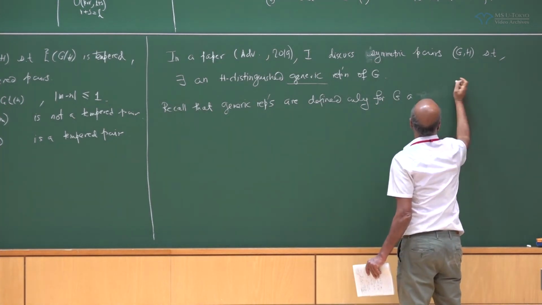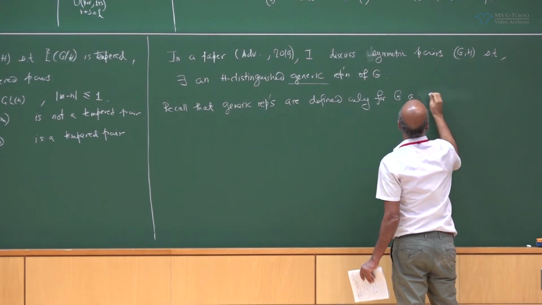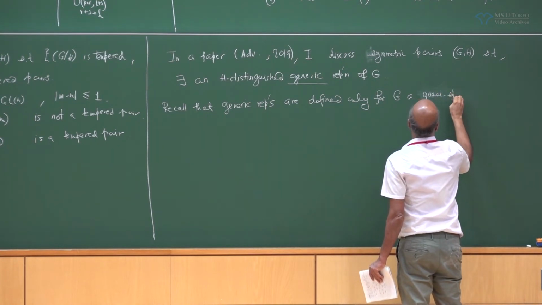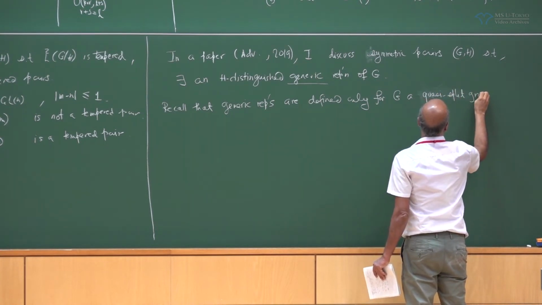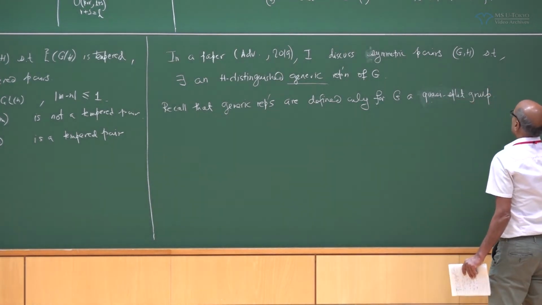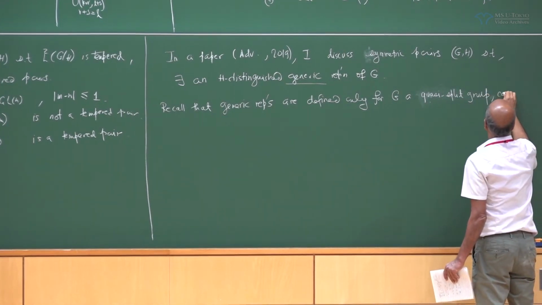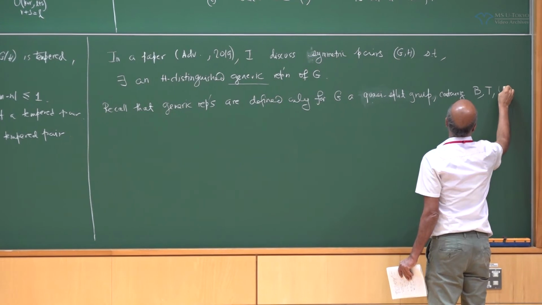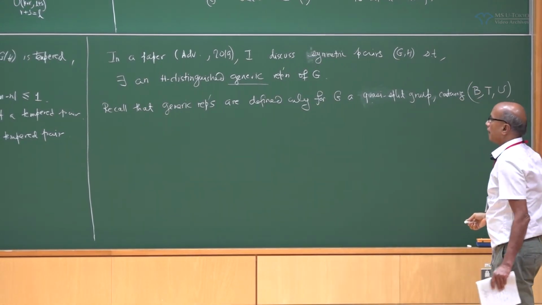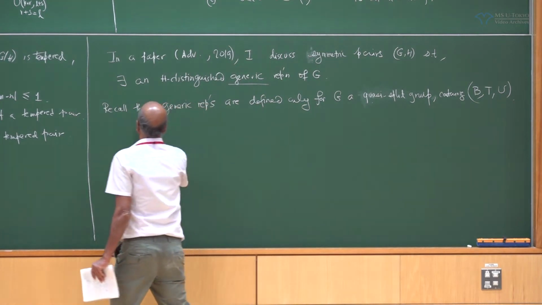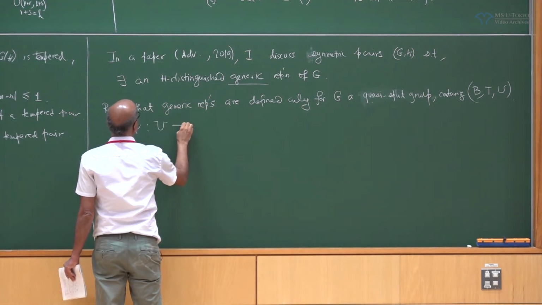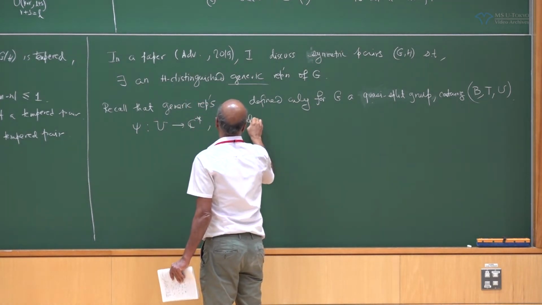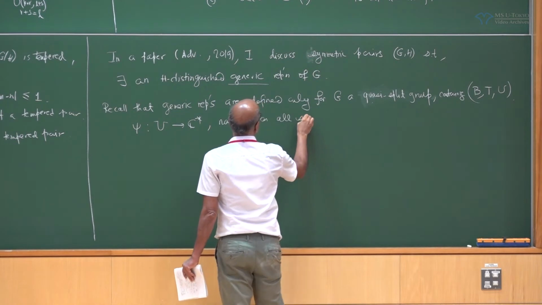And containing a Borel subgroup B, containing B and a torus and a U. And one fixes a character psi from U to C star, non-trivial on all simple roots.